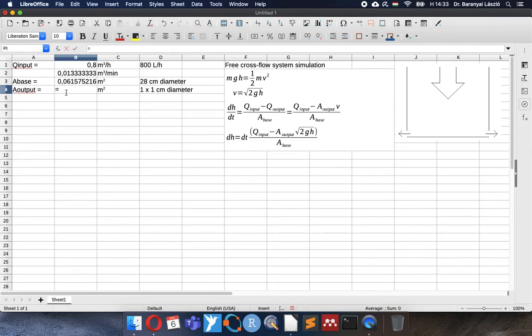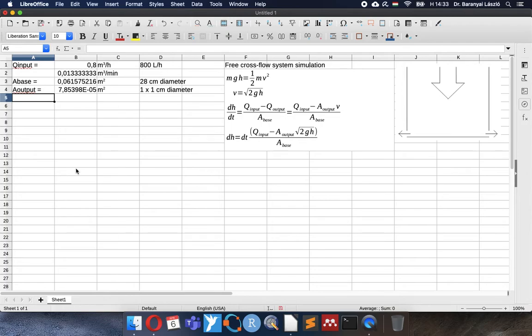So the output cross-section where this output stream is leaving will be 0.25 times pi, similar to previously, and the 1 centimeter will be 0.01 on the square. Okay, so now we have these two areas again, and the base I will calculate, name as a base, and the output will be a output.